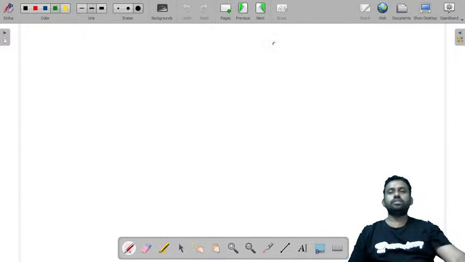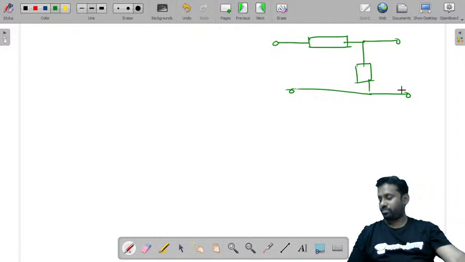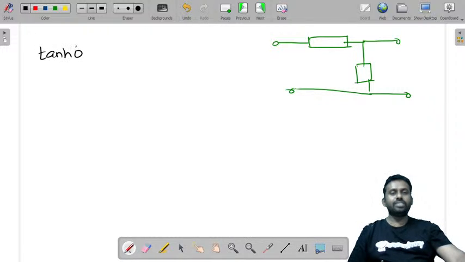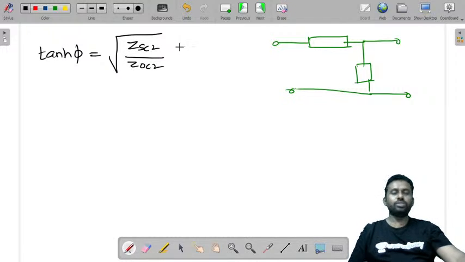Next, this is the L section that is given to us. So tan H phi is equal to root over ZSC2 by ZOC2. This is what we have done.